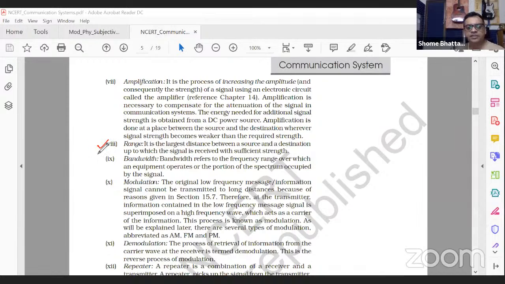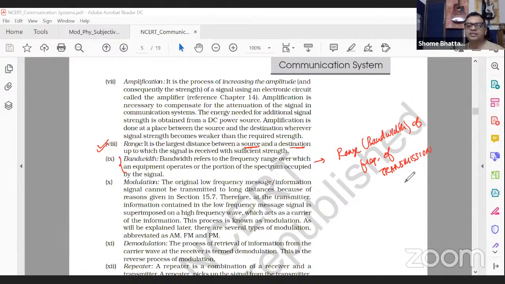Range is just a definition we use for the distance from the source, that is the transmitter, to the destination, which is nothing but the receiver, such that you can receive it at full strength. Okay. Bandwidth refers to the range of frequencies of the transmission channel. Okay. So technically this bandwidth is actually the range of frequencies or band of frequencies of the transmission channel.